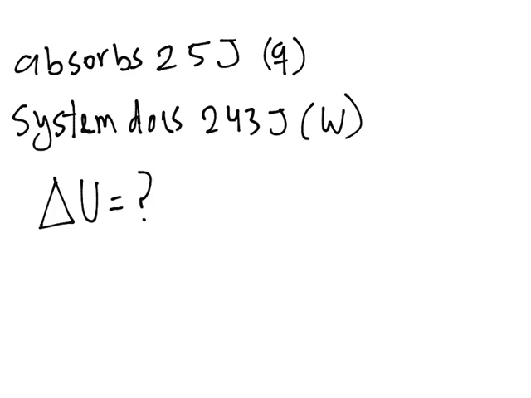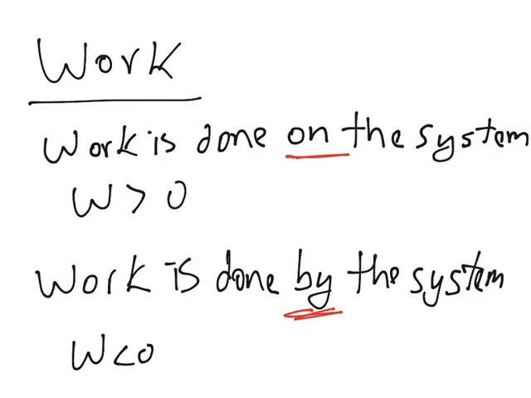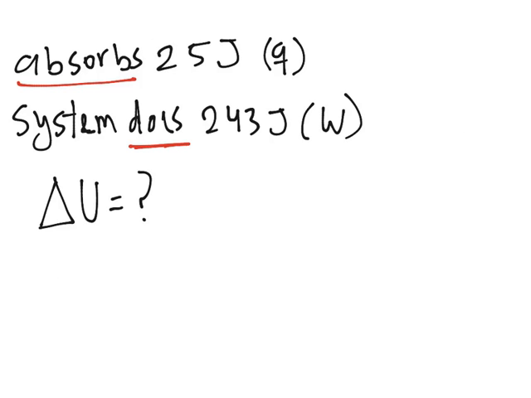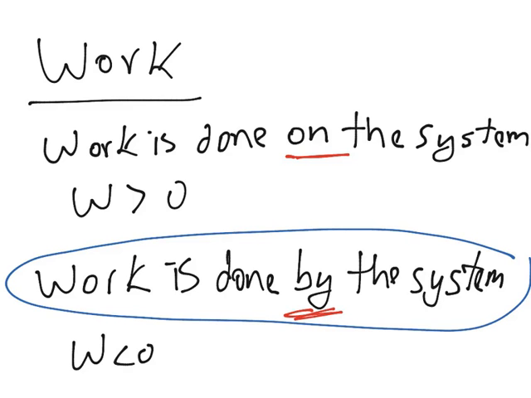The first thing you want to do when solving a problem like this is to use those key factors I gave you before. So absorbs and done. We said when heat is absorbed, the heat is positive. So our heat value will be positive, and you can just write a positive here. And then the system is doing work. When the work is done by the system, right here, the work is negative.